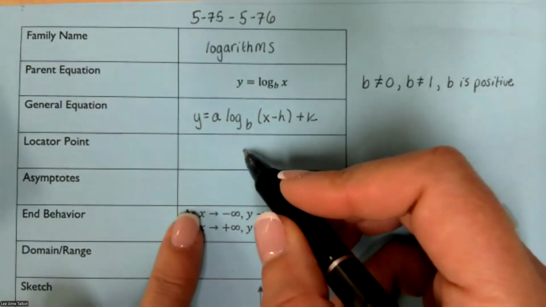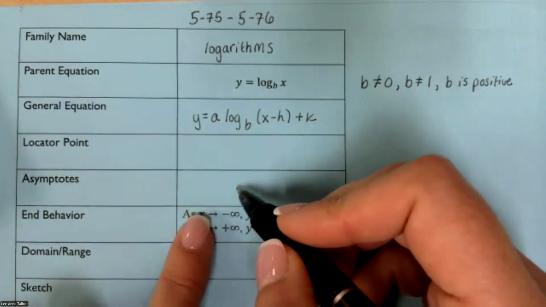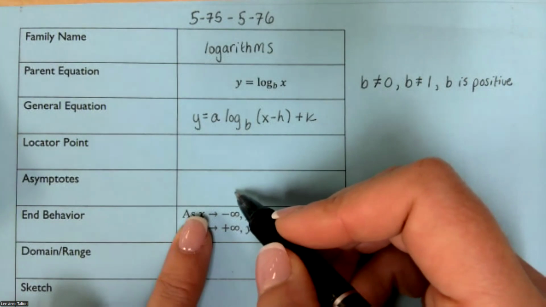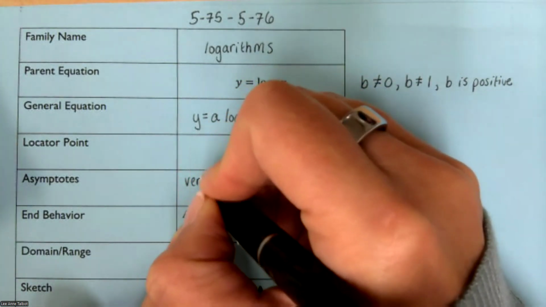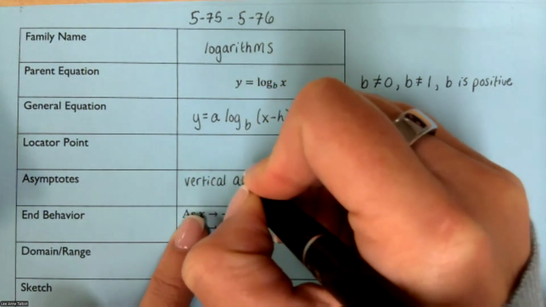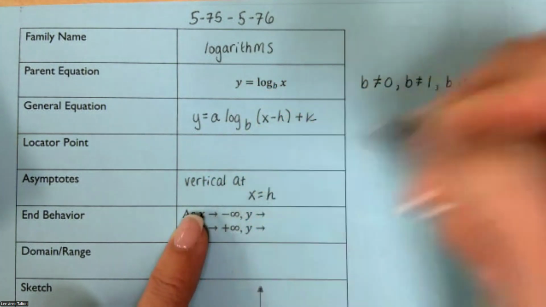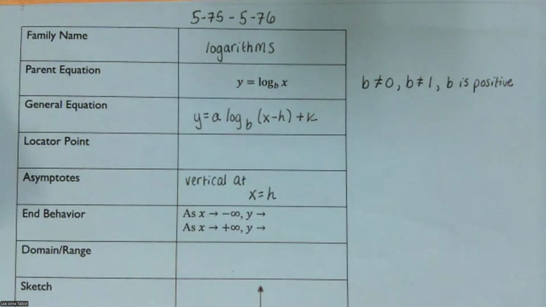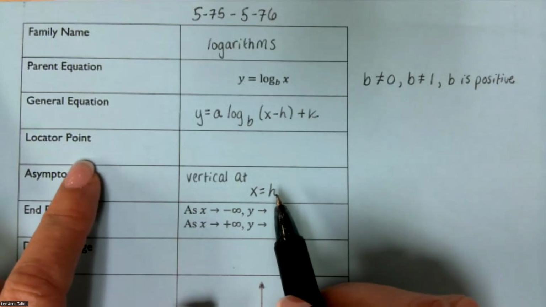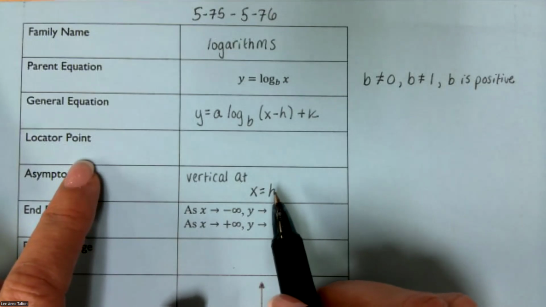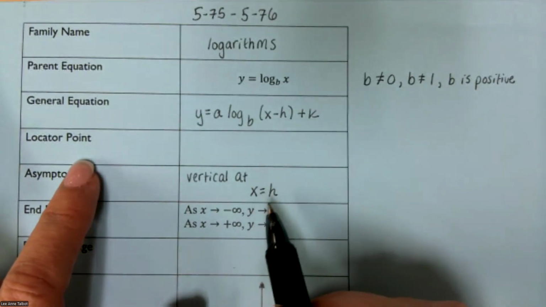Okay, we're going to skip the locator point for a second and go straight to the asymptote. We know that these have a vertical asymptote at x equals h. And now we're going to come up to the locator point, because we know our locator point cannot be (h, k), because (h, k) will be on the asymptote.